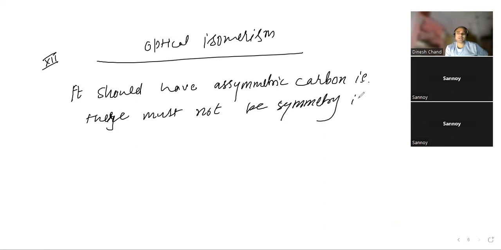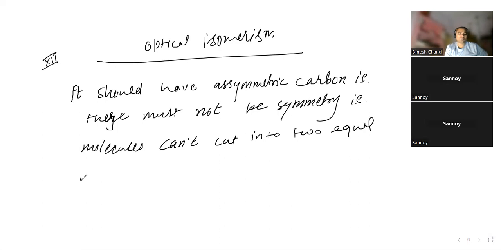What do you mean by symmetry? The molecule cannot be cut into two equal parts. Sir, how can one atom be asymmetric?